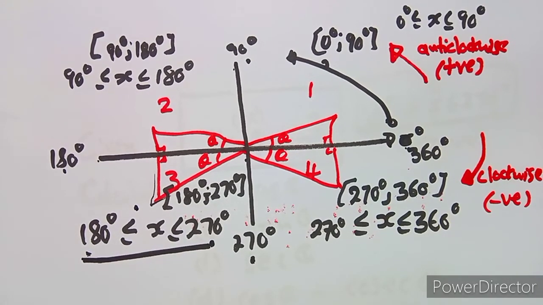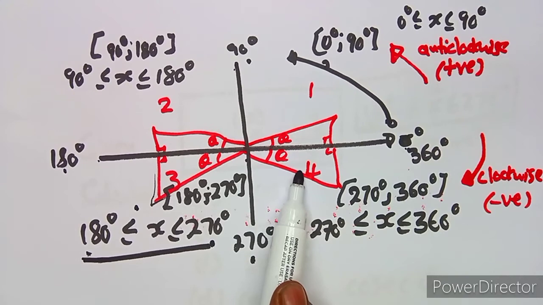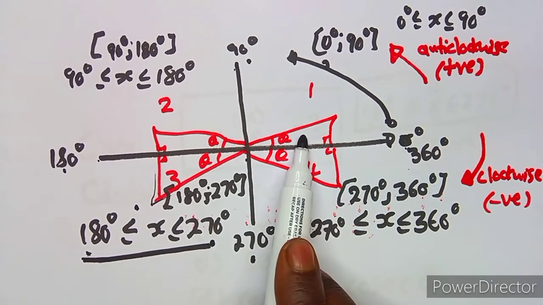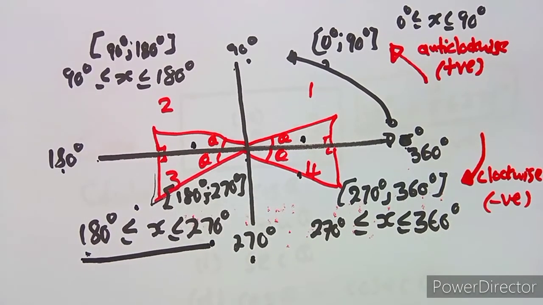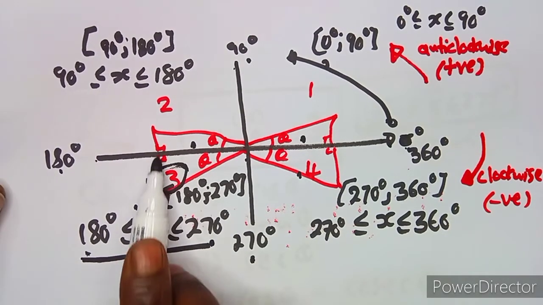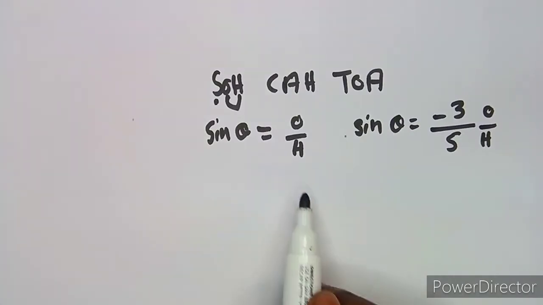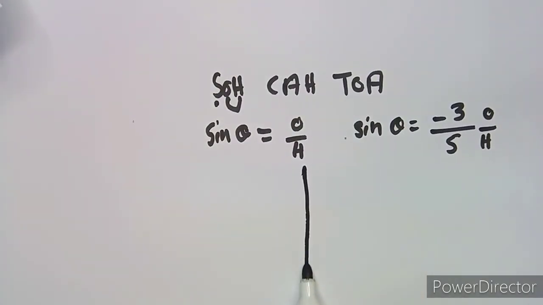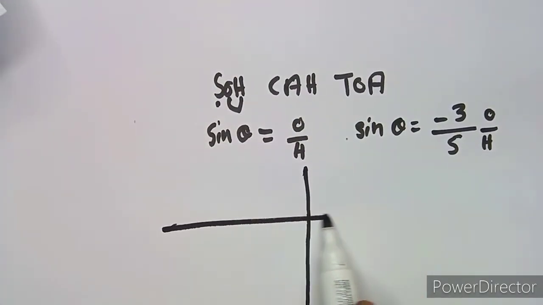If it was in the fourth quadrant, your triangle is going to be like this. In the second quadrant, like this. So this time it's in the third quadrant, so our triangle is going to be taken like that. You're just going to sketch a triangle like this.